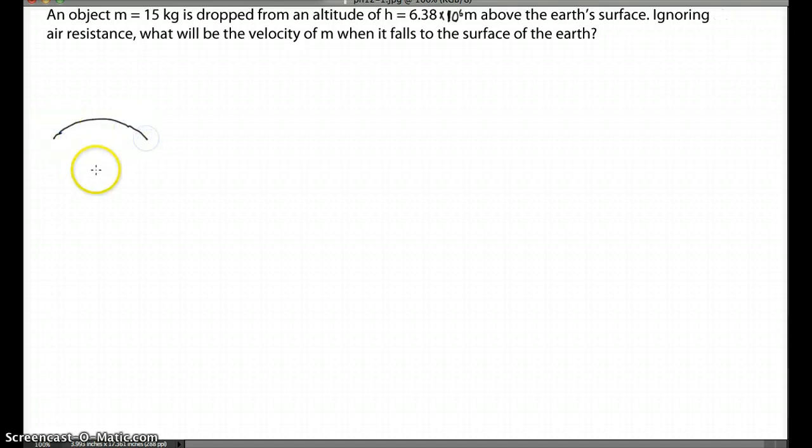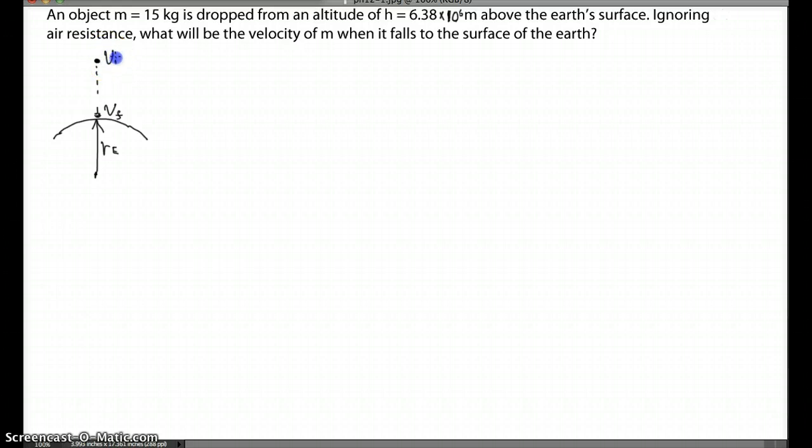So that's Earth's surface. This is going to be the radius, RE. An object is starting to fall at here and finally fall to the surface. So basically the question is asking for the velocity right here.